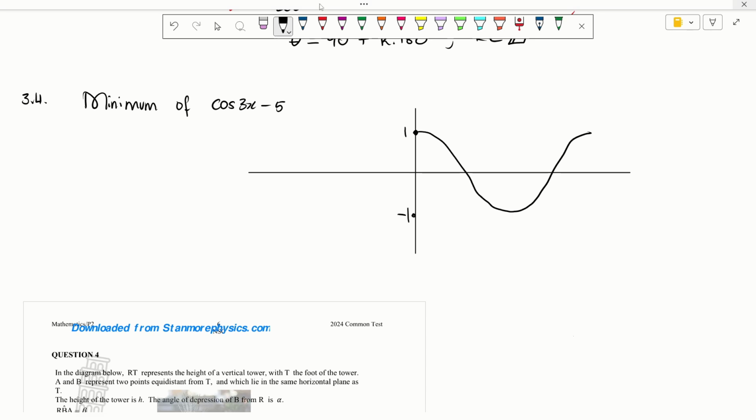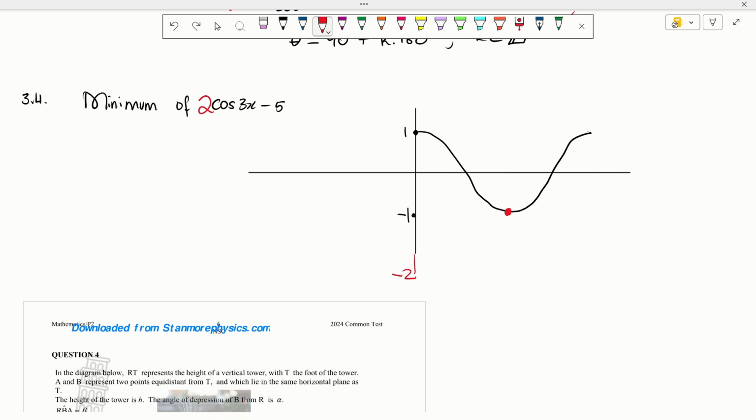So if there's no number here, it means the amplitude is 1. So literally the lowest value you can ever reach is -1 for this cosine graph. If it was 2 cosine 3x, the lowest point you'll ever reach is -2. So the graph will go like this.